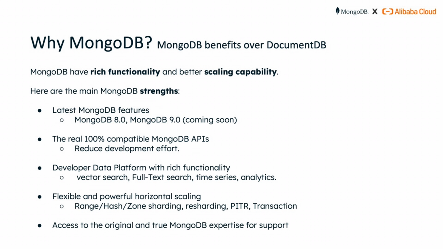So this is unification. And fourth, for horizontal expansion capability, there is flexible and powerful horizontal scaling in MongoDB. We provide a sophisticated sharding toolkit, not a one-size-fits-all solution. So you can choose your sharding strategy. Here, we can choose range, hash, and zone sharding to perfectly match your workload and data distribution needs.